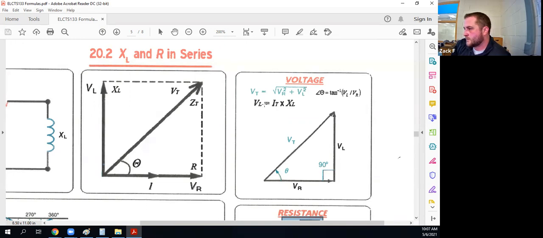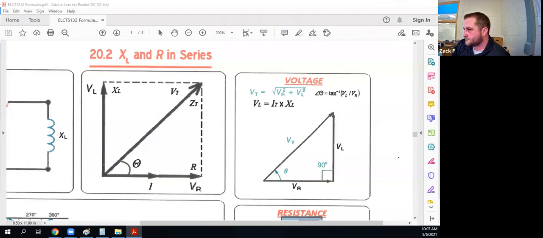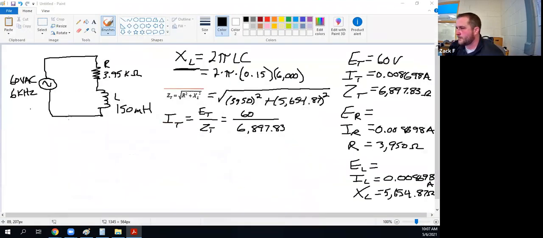Voltage across the inductor equals total current times inductive reactance. So voltage across the resistor, E equals I times R, right?